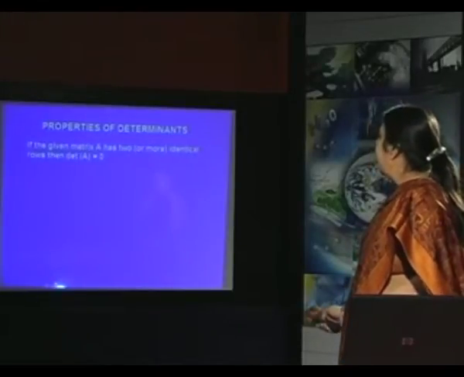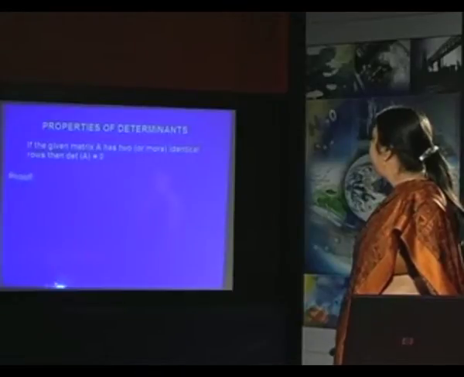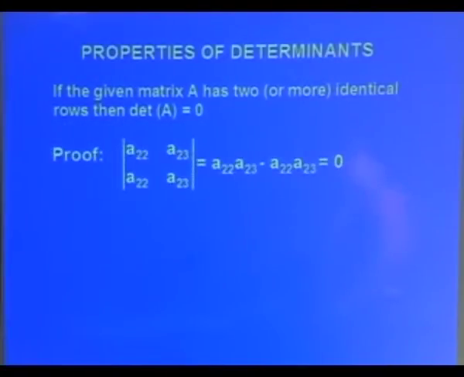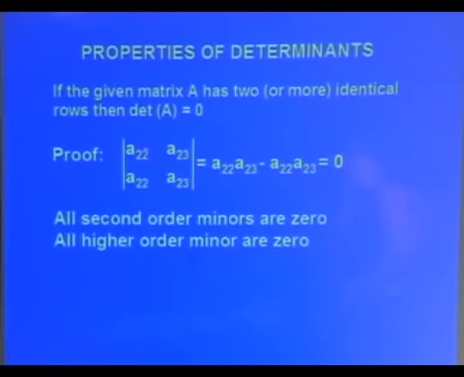Now the next property says that if the given matrix A has 2 or more identical rows, then still the determinant A will be 0. Now to prove this result, I will start with a 2 by 2 matrix, and in this case the first row is identical with the second row. So a11 a22 minus a12 a21 with identical rows gives 0.